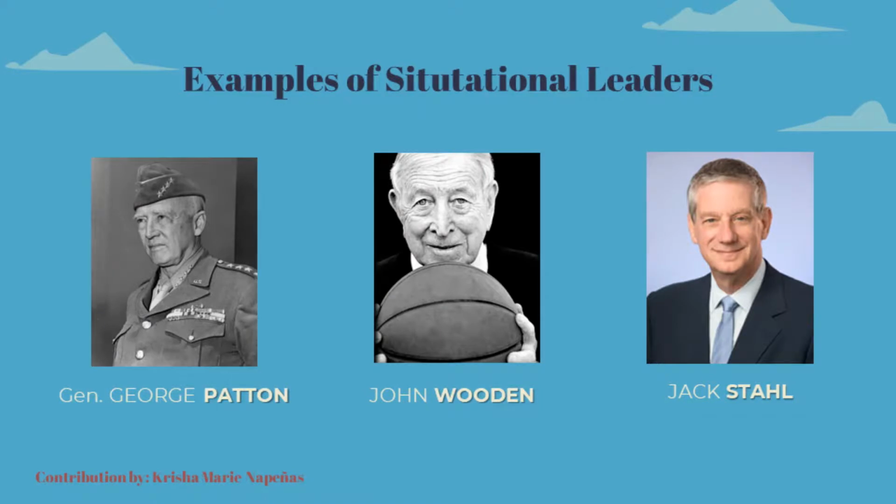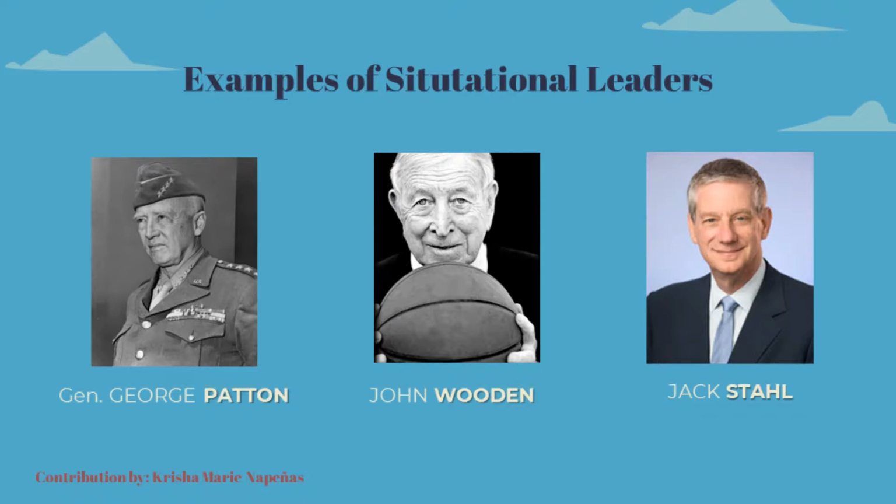So now we're going to discuss examples of real-life leaders of situational leadership theory. There are four examples of famous situational leaders. First is General George Patton, one of the American military's most revered leaders and a perfect example of a situational leader.